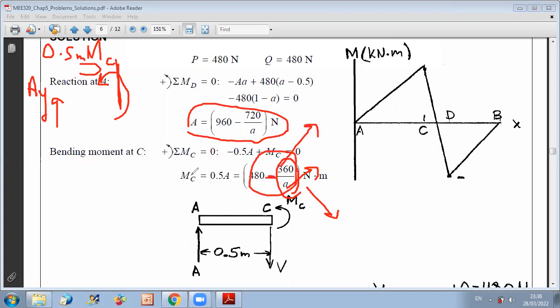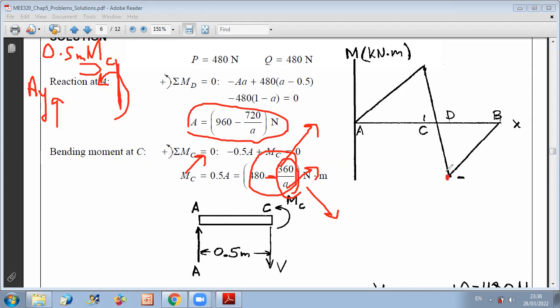So the bending moment at C will increase with an increase of A. Now we will demonstrate that the bending moment at D will decrease with A. Therefore, when A is increasing or decreasing, this will favor the increase of one bending moment compared to the other. And then the minimum possible maximum value will be when MC is equal to MD.